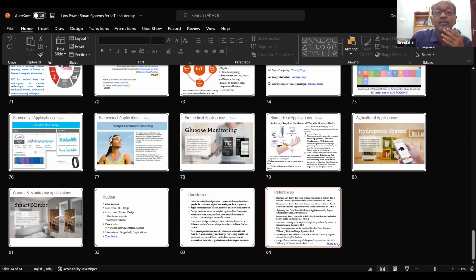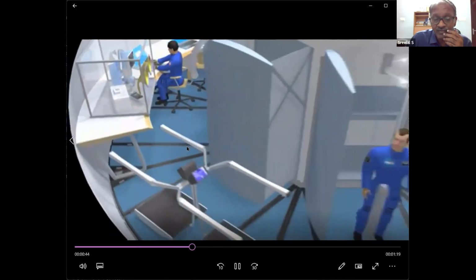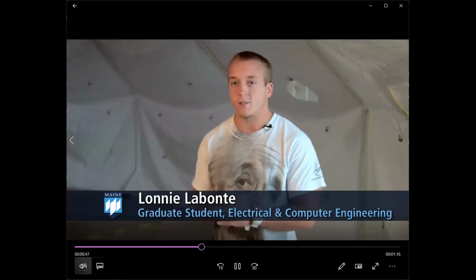Okay. Possibly a different screen has to be shared, a different window has to be shared. Now it's okay? Yes, yes. You can start from the beginning. Okay, I will start from the beginning.